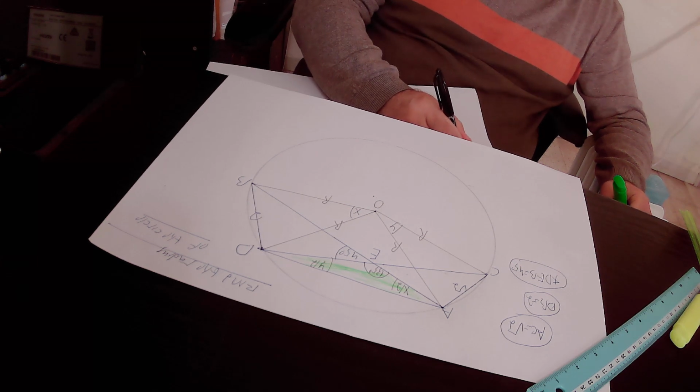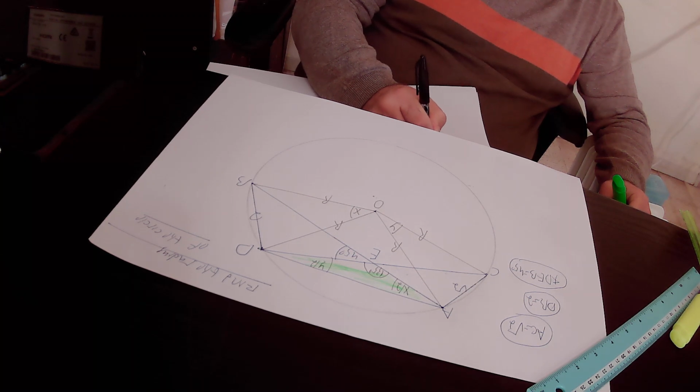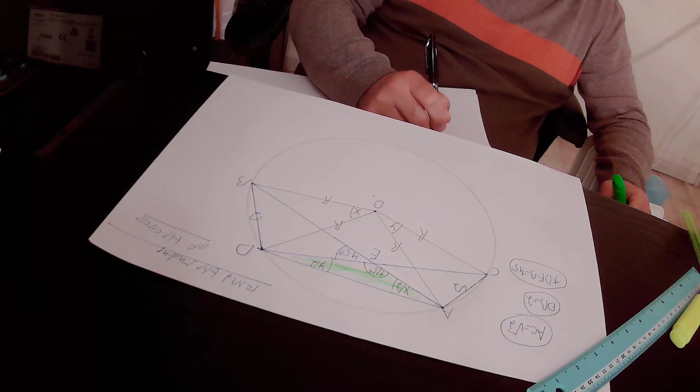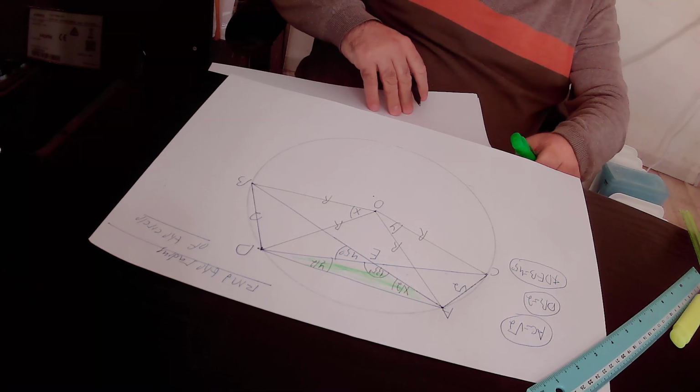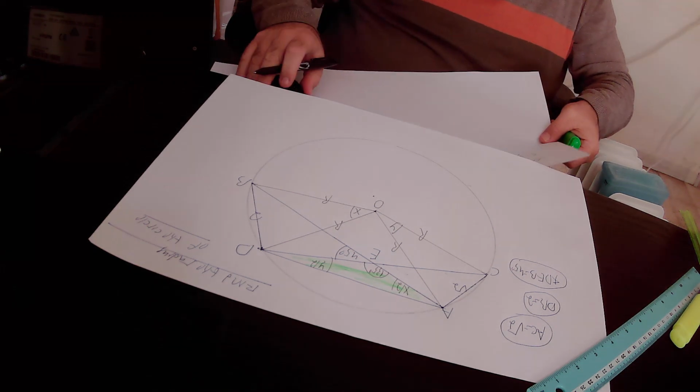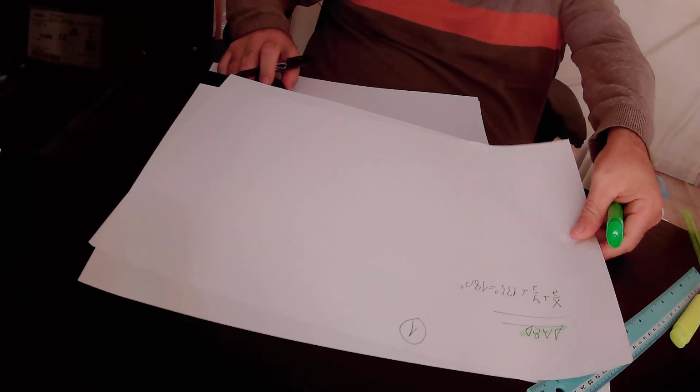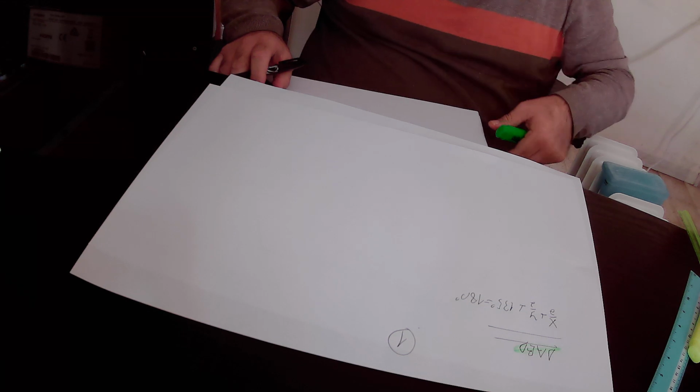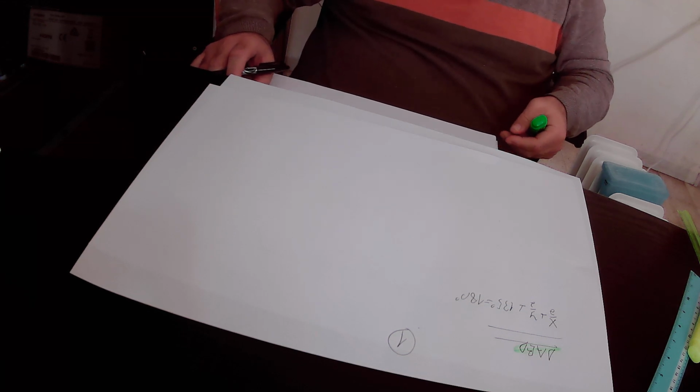So x over 2 plus y over 2 plus 135 degrees must be equal to 180 degrees according to the rule that I mentioned.